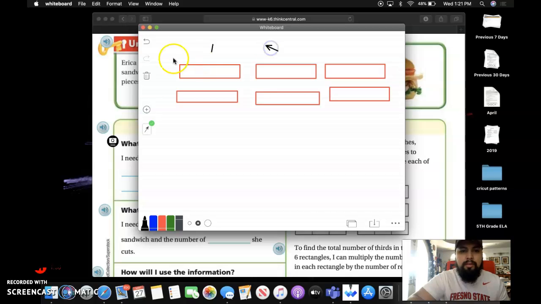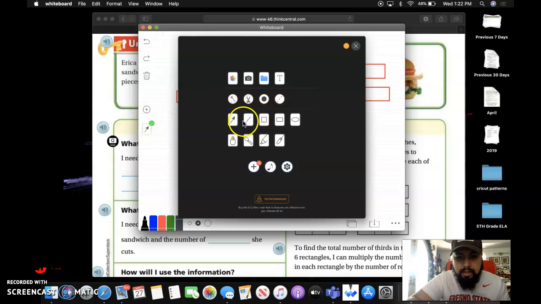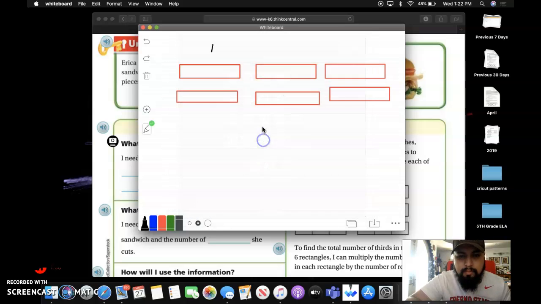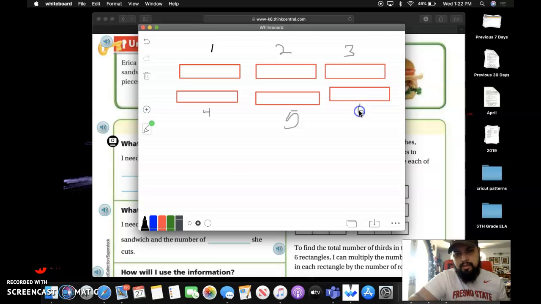Oops, that's an arrow. See, I thought I was more prepared this time, but I guess I'm not. There we go. 2. I don't know why it's a different color. 3, 4, 5. Ooh, that's an ugly 5. And 6.